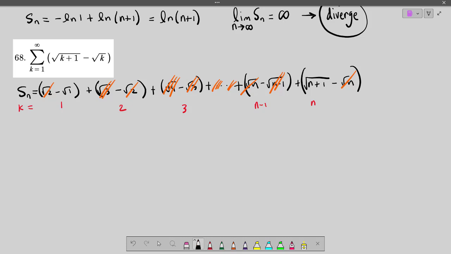And so we end up with something similar to the last one, where we have minus square root 1 plus square root n plus 1. Of course, the square root of 1 is 1. So this turns into square root of n plus 1 minus 1. So that is S sub n.